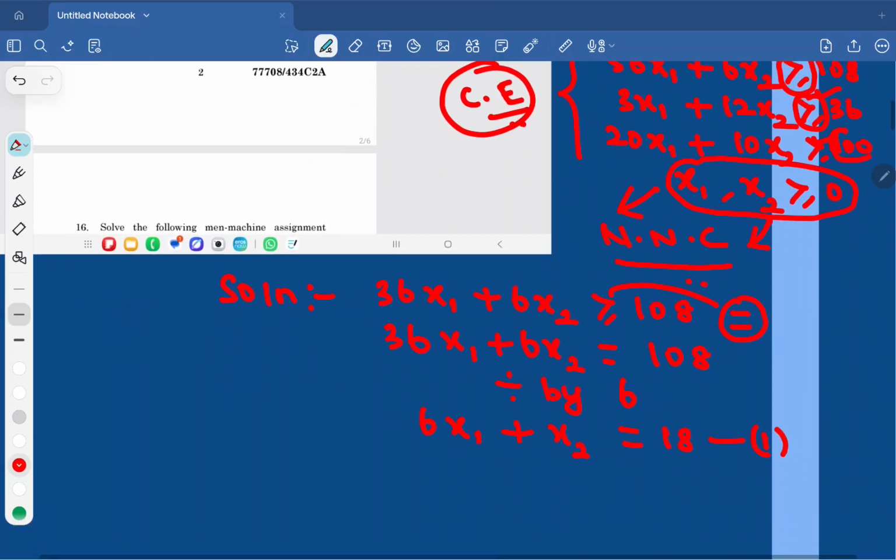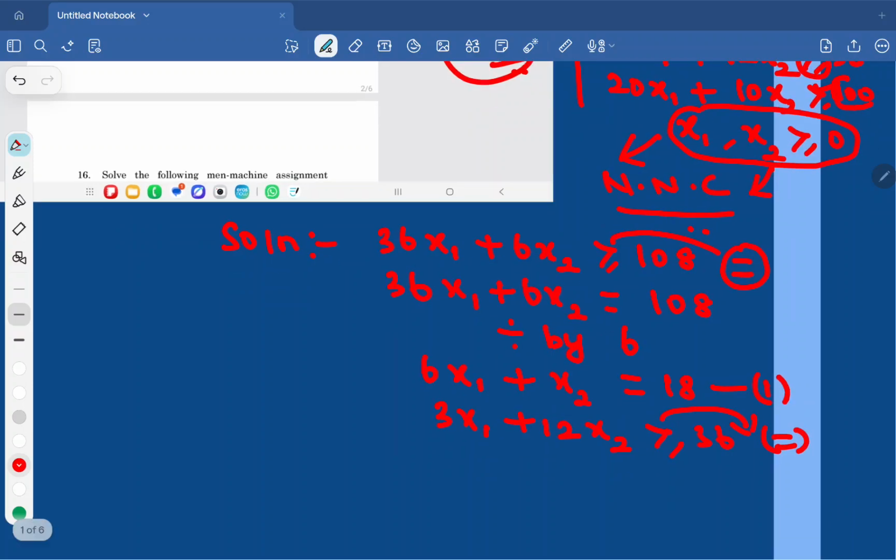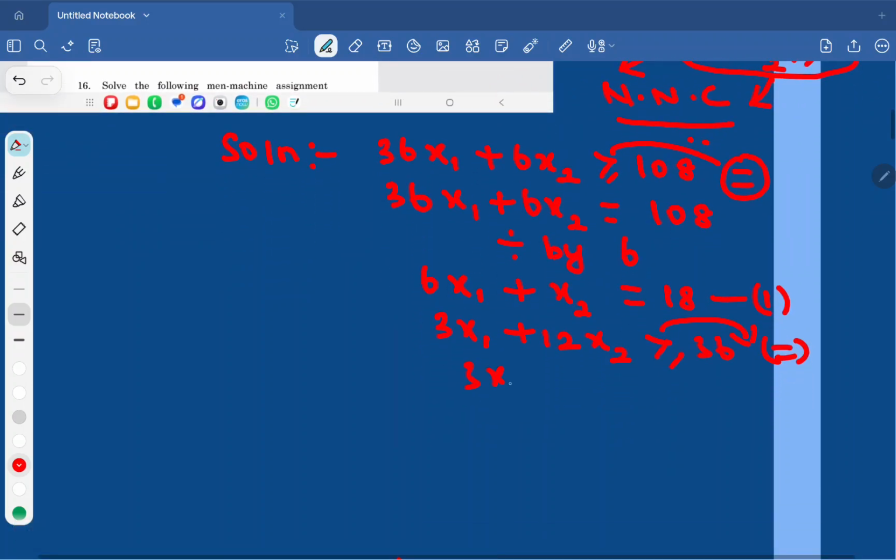3x1 plus 12x2 greater than or equal to 36. Once again, convert inequality to equality. Therefore, the second constraint 3x1 plus 12x2 becomes equal to 36. Divide by 3: x1 plus 4x2 equal to 12.